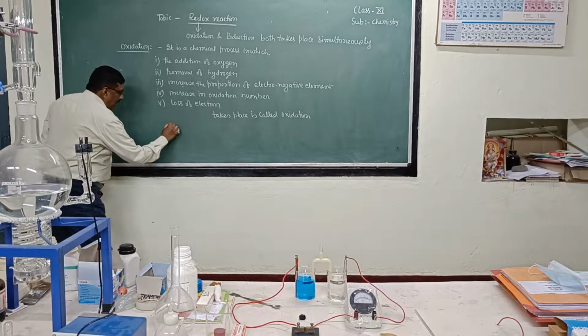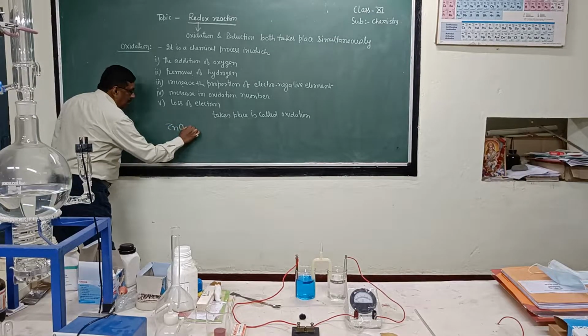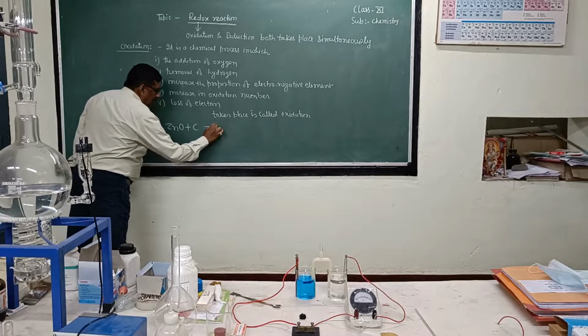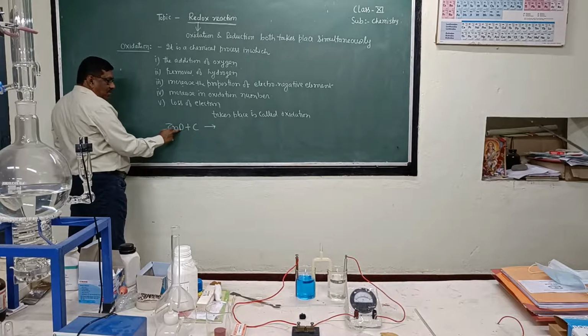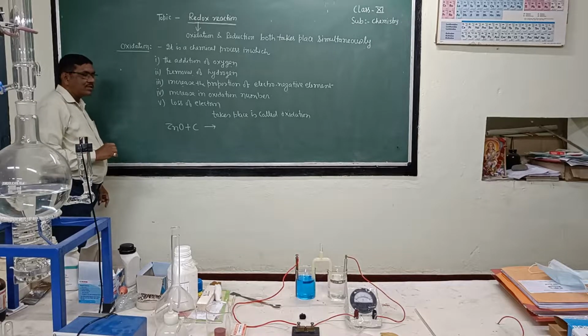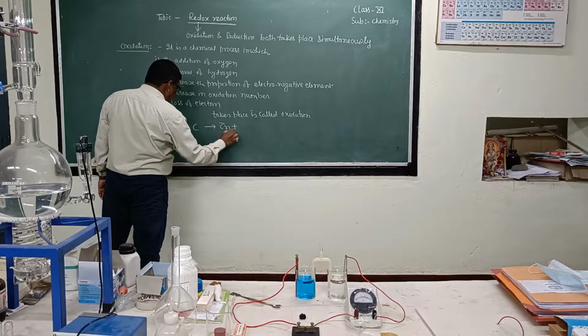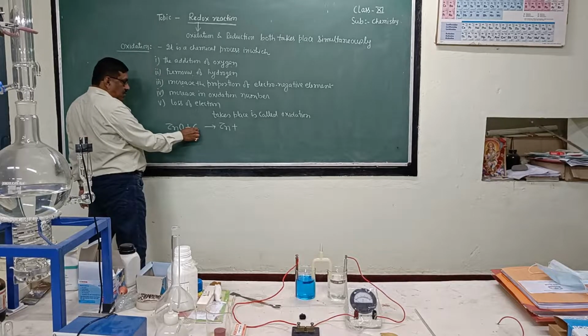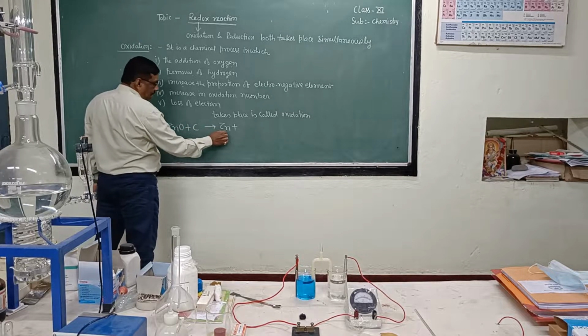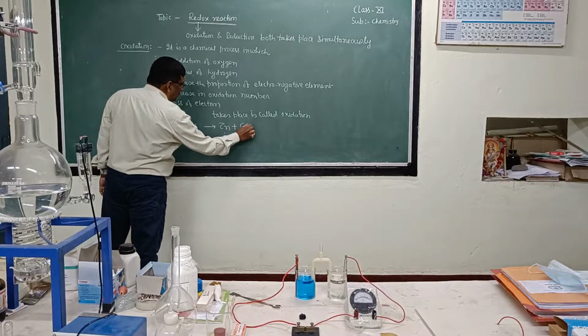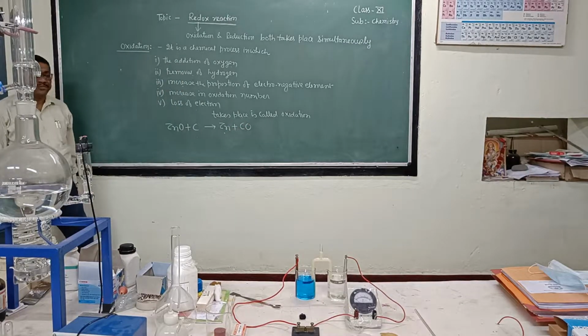Suppose ZnO plus C: zinc oxide reacts with carbon to form Zn. Carbon is a reducing agent, so it reduces zinc oxide into metallic zinc and forms carbon monoxide.